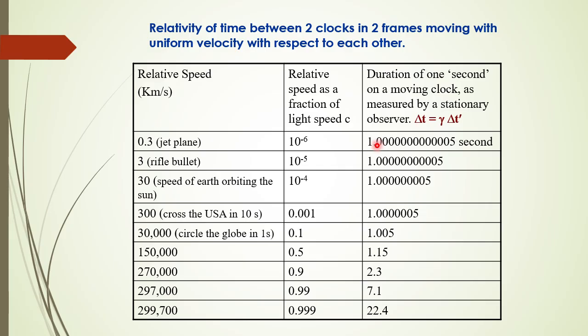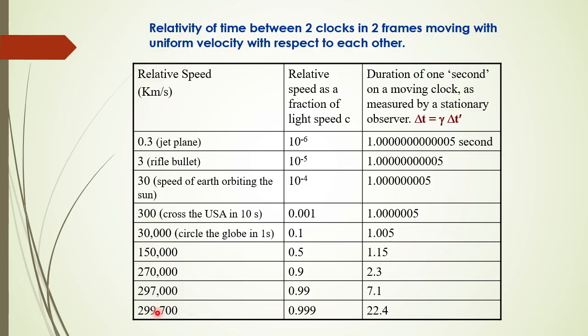So how many digits are we talking about in terms of time dilation? 1, 2, 3, 4, 5, 6, 7, 8, 9, 10, 11, 12, 13 powers of difference, whether you have a difference in time for 1 second compared to 1.00005 seconds. A bullet travels faster, but even then there are still too many zeros to make a difference. So the time dilation for a bullet is too low.